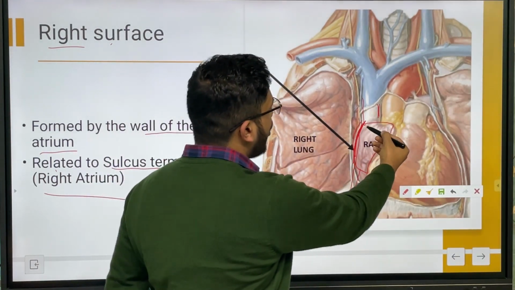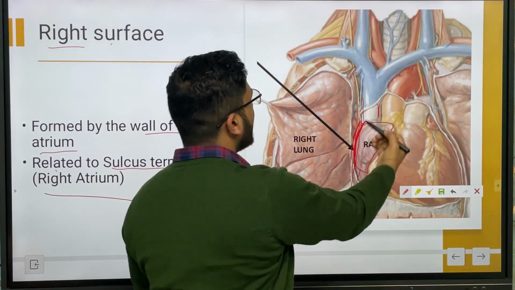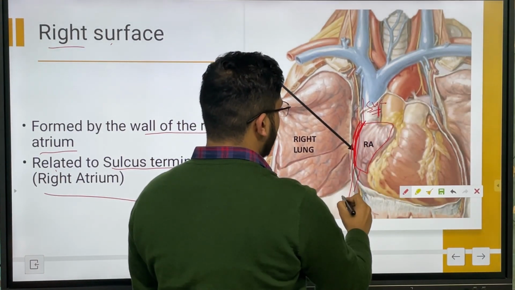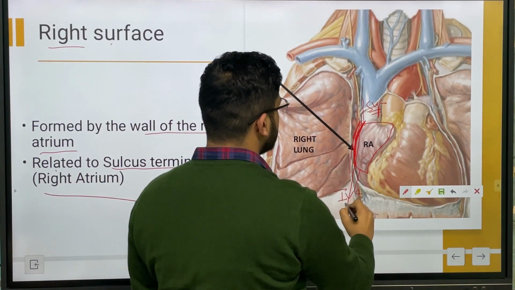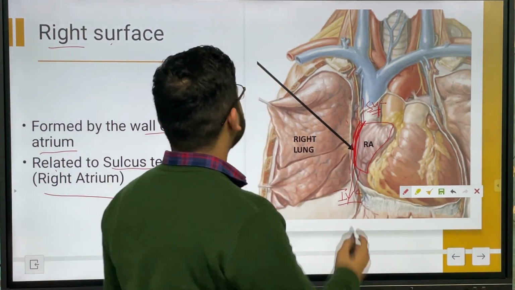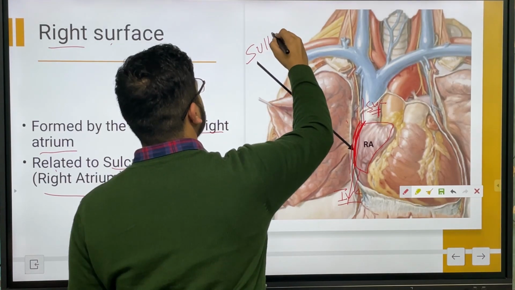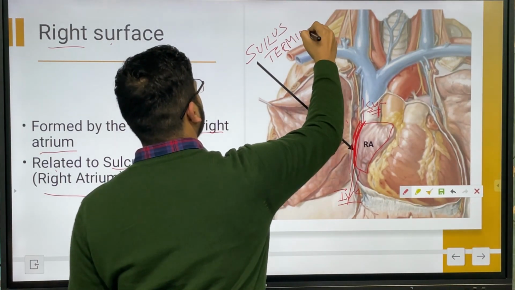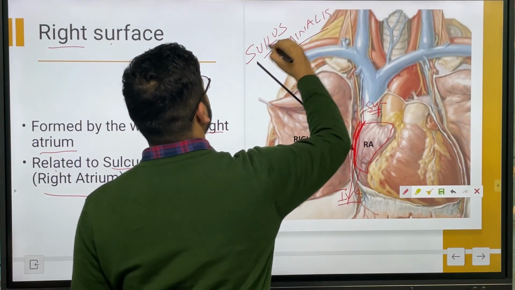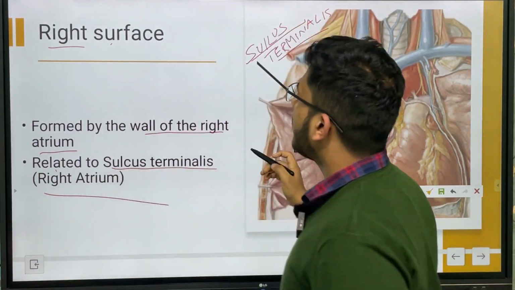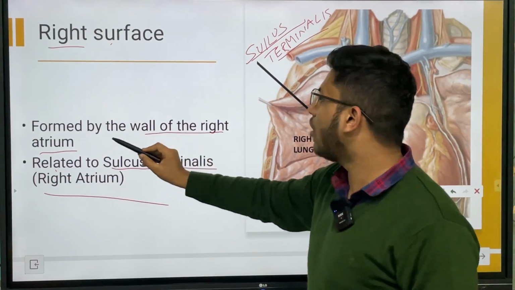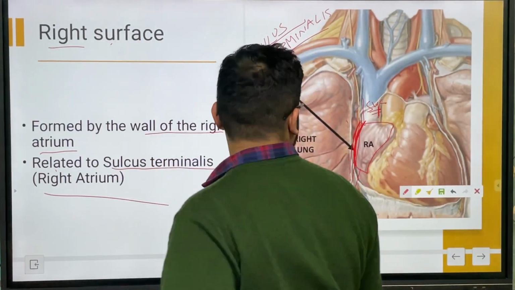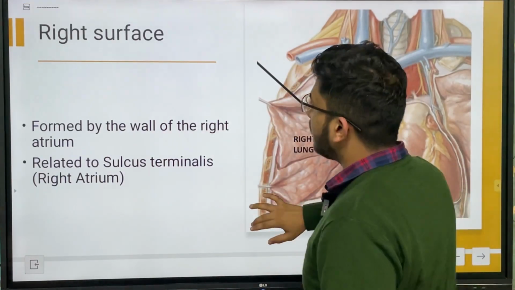So the portion of right atria which is present from the opening of SVC and IVC is known as sulcus terminalis. So thing to remember about right surface is it is formed by the wall of a right atrium and it is related to sulcus terminalis. Let's move to the next surface.